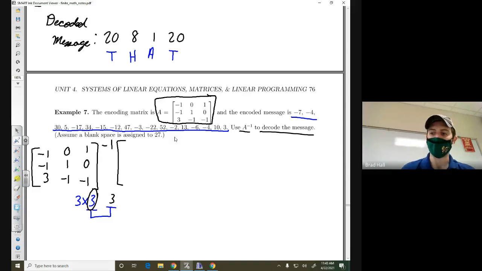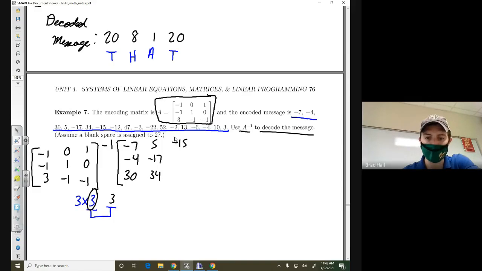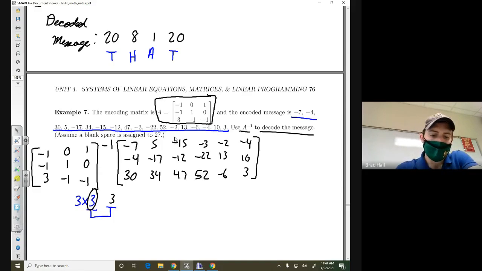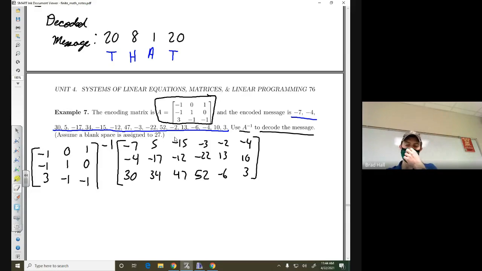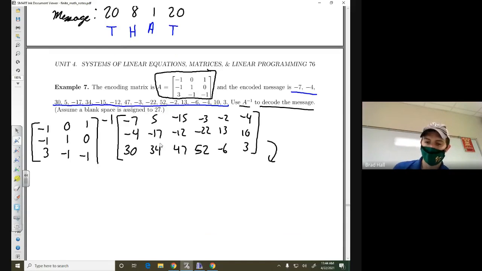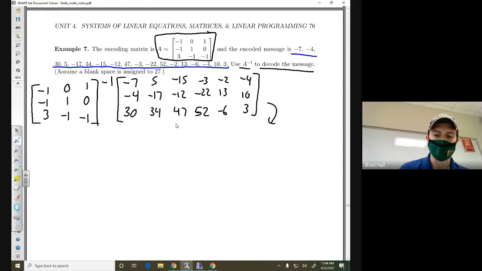So instead, you have to do groups of 3. -7, -4, and 30. And I'm just reading right off of the encoded message here. 5, -17, 34, 15, 7, -3, -2. So I believe this is 18 characters, and we want to see what this comes out to be. Or in other words, what is the decoded message from this?